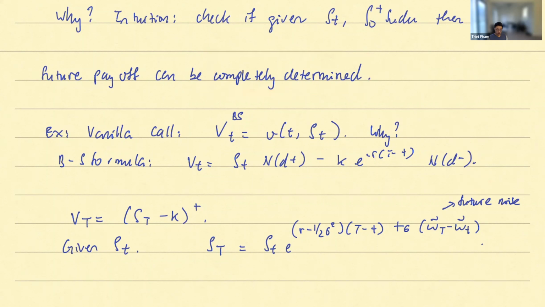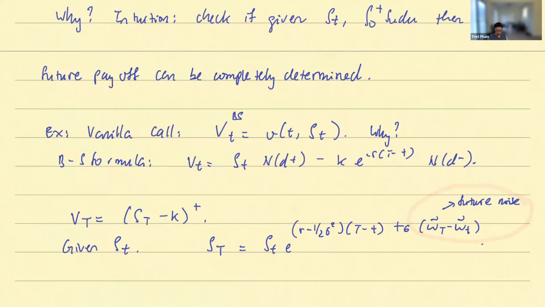But that future noise is not my responsibility. It can be generated by, let's say, a Monte Carlo process. You just generate a new Brownian motion and obtain the future stock price. But all the starting information, anything that needs to be generated besides this future noise, is completely given in the information. So this is not my responsibility.